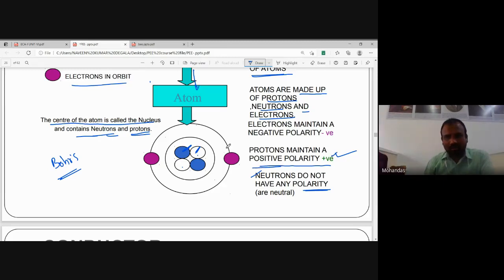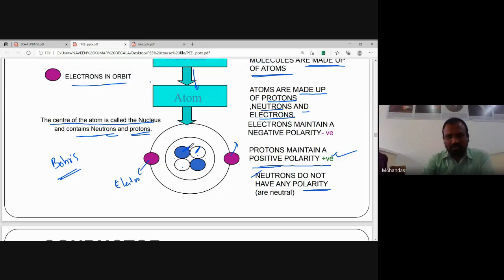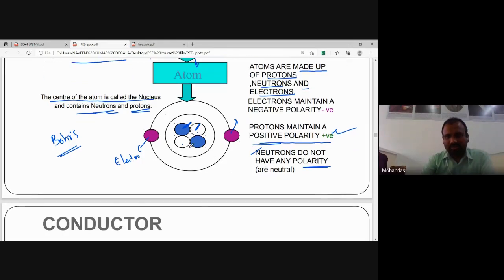The atom also consists of electrons, which revolve around the nucleus in different orbits or shells. So this is the atomic structure, which you might have studied in 10th class.